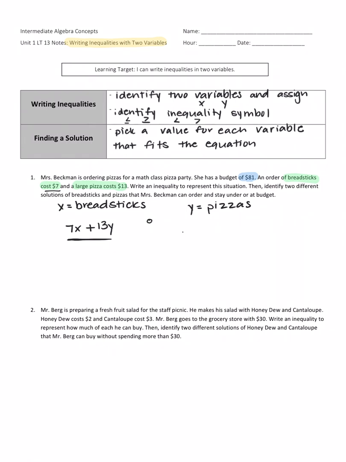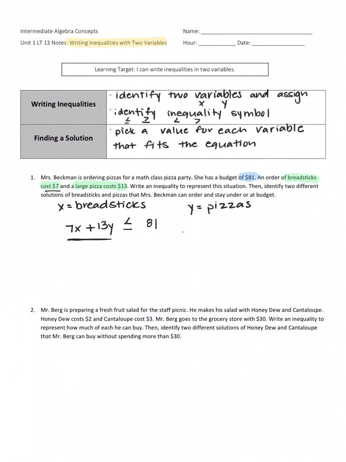So I'm going to put her $81 over here. Okay, less than, remember the alligator wants to eat the bigger one. 81 has to be bigger than her breadsticks and her pizza. Okay, so we have it set up, 7X plus 13Y has to be less than $81.